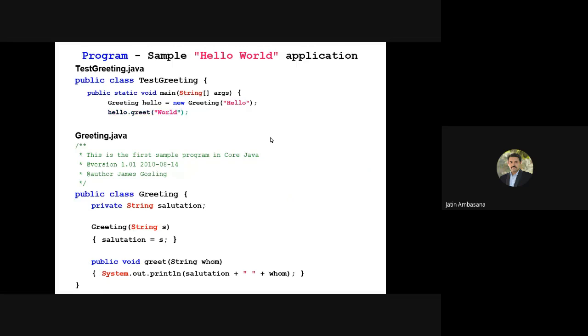When we say hello.greet(world), we invoke the greet method on that hello object, where we pass the string world. So this greet method gets invoked, and world gets assigned to whom. Then it executes the System.out.println, where the salutation is concatenated with a space, concatenated with whom.